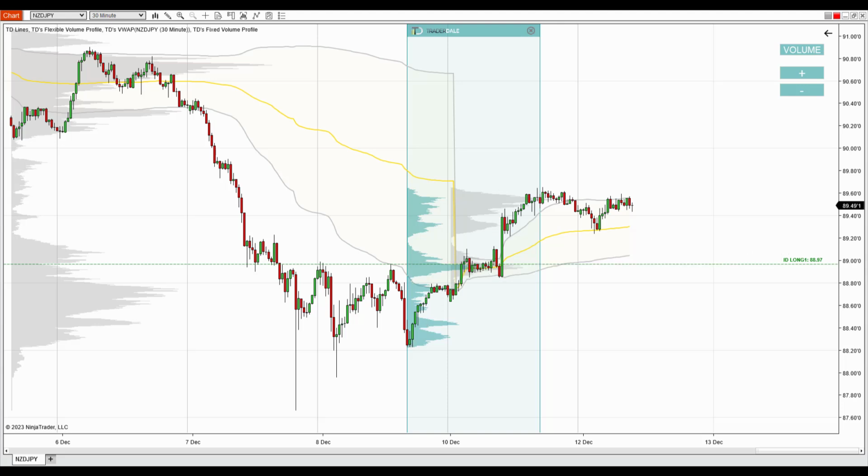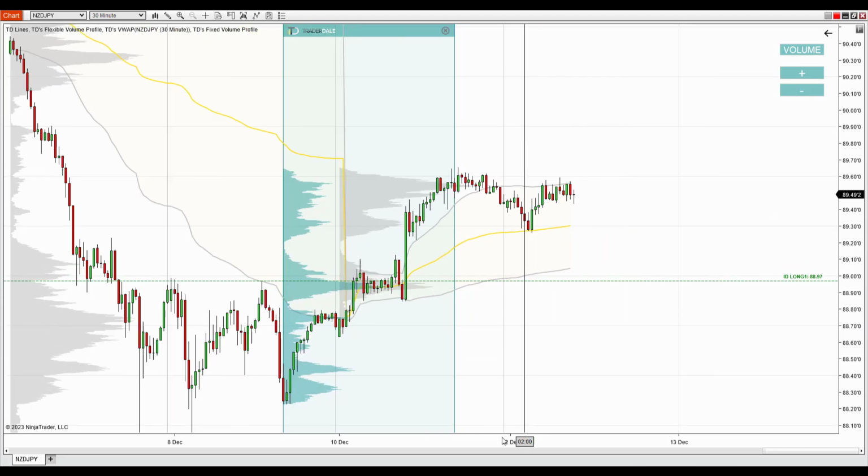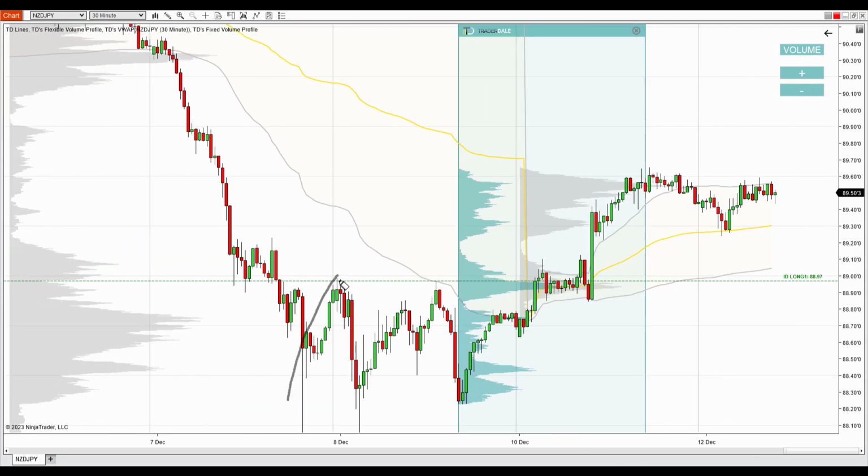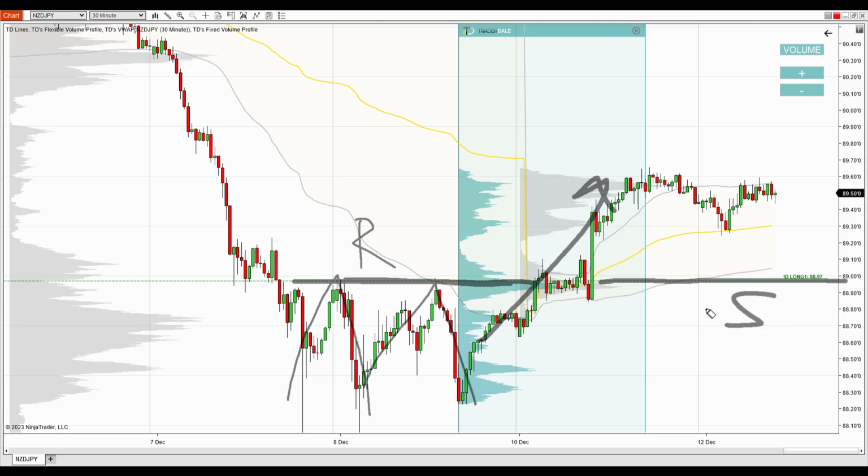But what we have here, let me zoom in a bit, is this. The price was reacting twice and very nicely to this level, so it was a resistance. When the price went past that, it turned into a support.